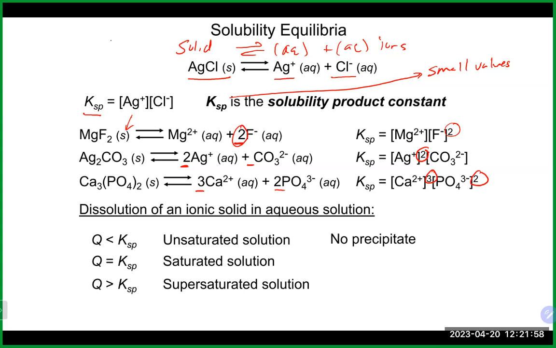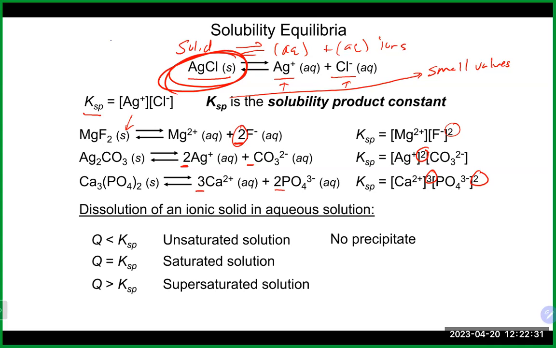You have really small values of K, which means for the most part, everybody's hanging out over here, but a little bit of these guys are still going to break apart. That's why we typically see very small values for KSP, like exponents of minus 32, or minus 12 or 16. That's because these things are typically insoluble, which means they stay together on the reactant side. But again, a little bit of it will break apart.